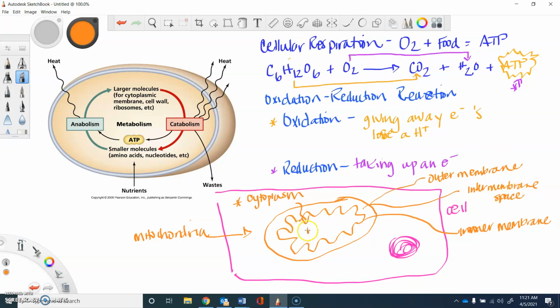And then this here is called the matrix. So we're going to be talking about how the cells make ATP and look at the entire process from start to finish, which is going to start in the cytoplasm, go into the mitochondria, and we're going to end up with a whole bunch of ATP from this process.